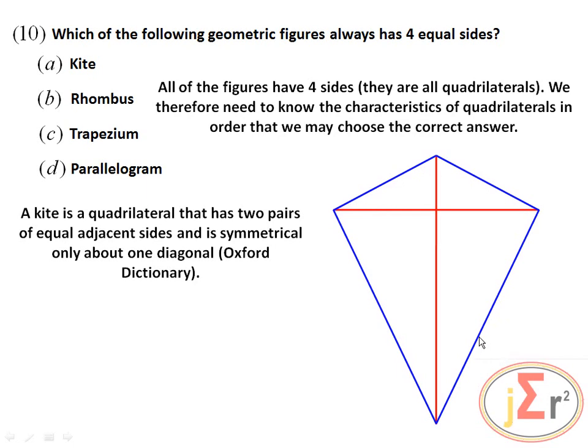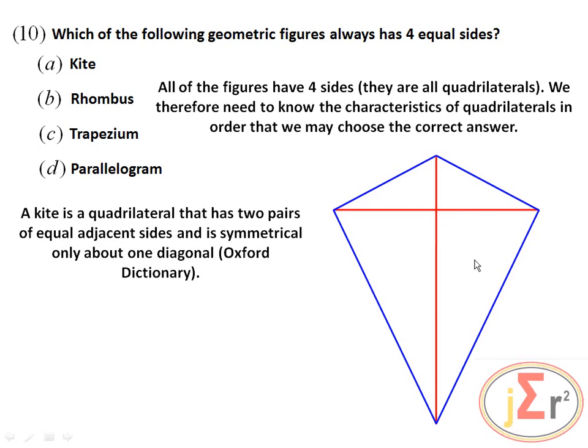But it is only symmetrical about one diagonal. So this diagonal is here. And of course, we are sure that this one that we have up here, if we use this as a mirror line, is not the mirror image of the one that we have down here. So it is not symmetrical about this one, but it is symmetrical about this one, because the one that we have on this side is a mirror image of the one that we have on this side.